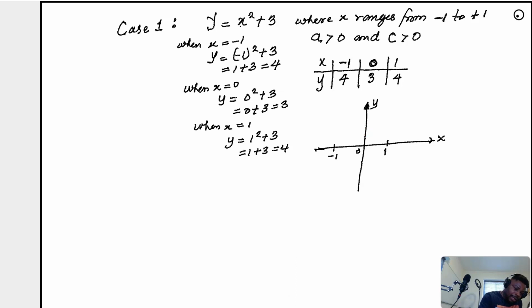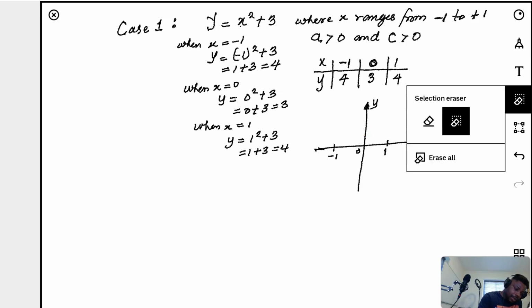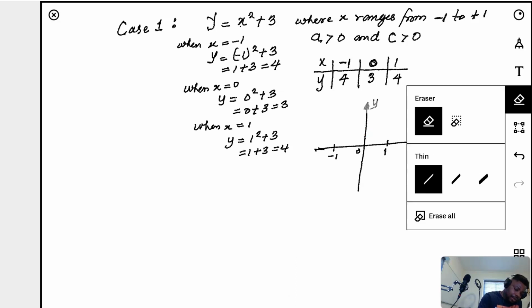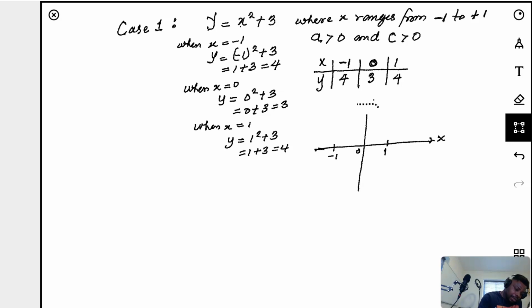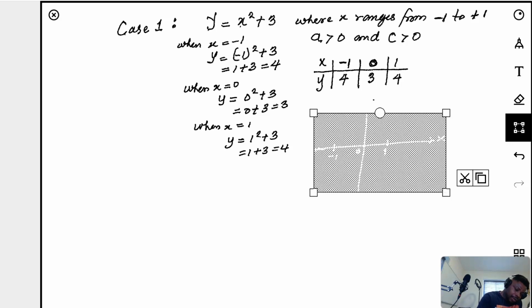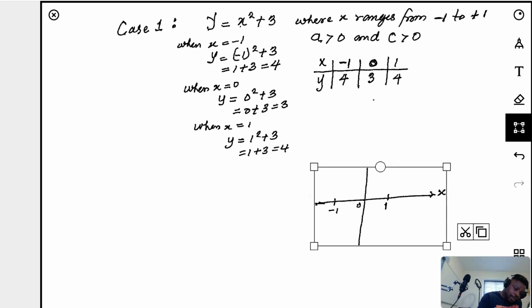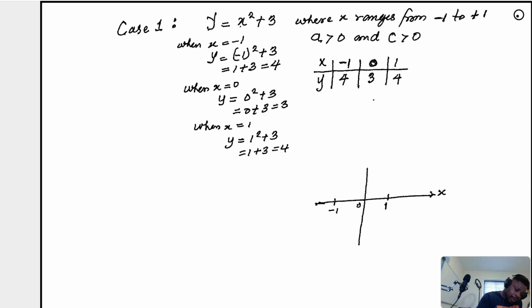For y, let's make that come up a little bit. So this is 1, 2, 3, and 4.